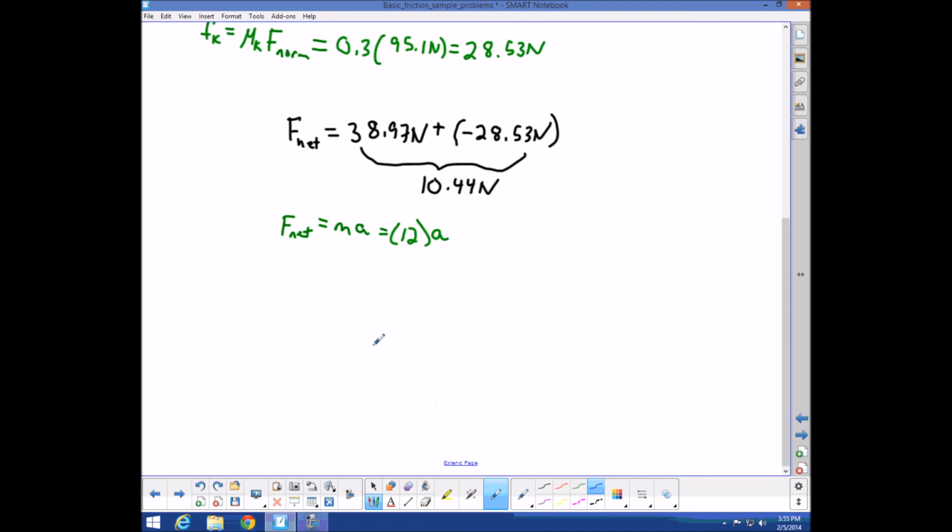And so by putting those two pieces together, we have that 10.44 newtons equals 12 kilograms times the acceleration, or we get an acceleration of 0.87 meters per second squared.